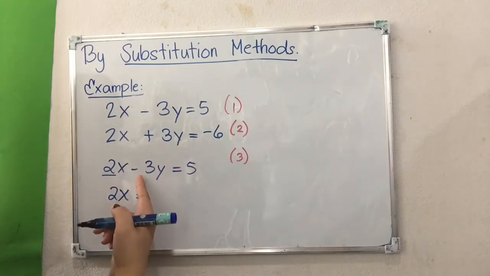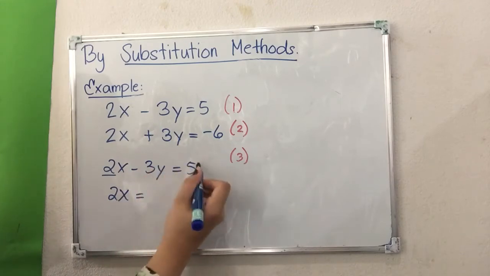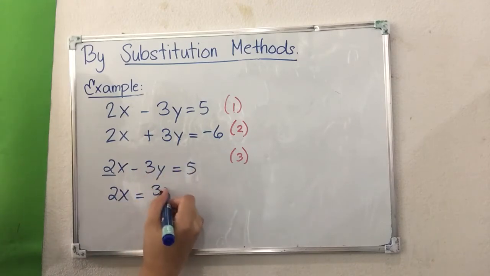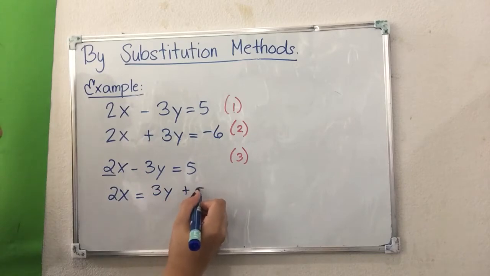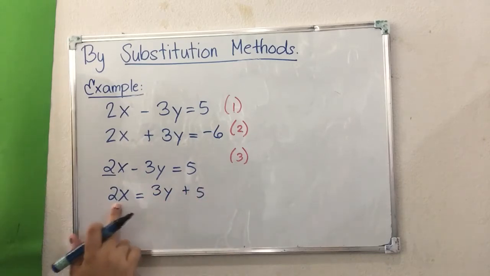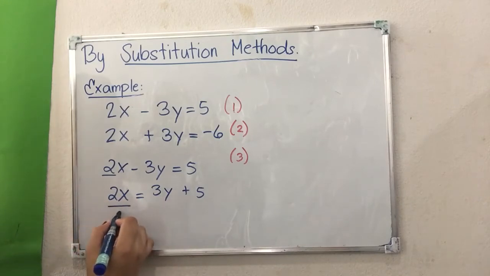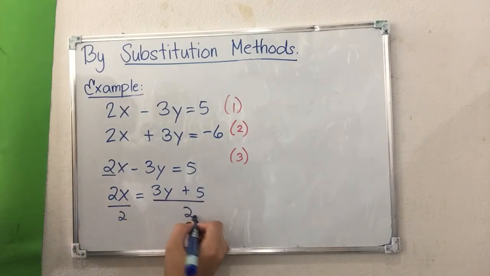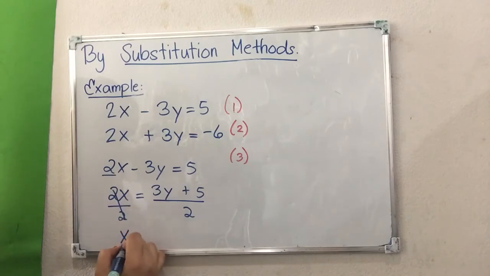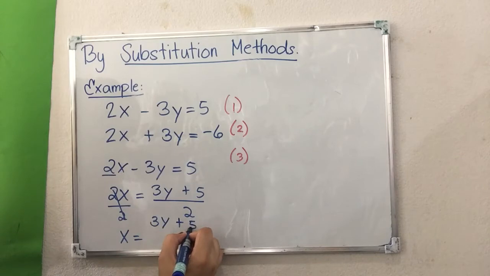It's equal to 3y plus 5. Since this has a coefficient of 2, we're just going to divide by 2 and divide by 2. So we have x is equal to 3y plus 5 over 2.